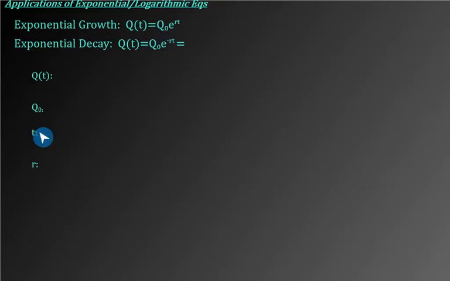And I'm actually going to talk about what all these variables are. But this thing right here is one specific variable, and then that is e, like the exponential number e, and then rt, and then there's exponential decay, which looks very much the same, but you have a negative in the exponent, right?